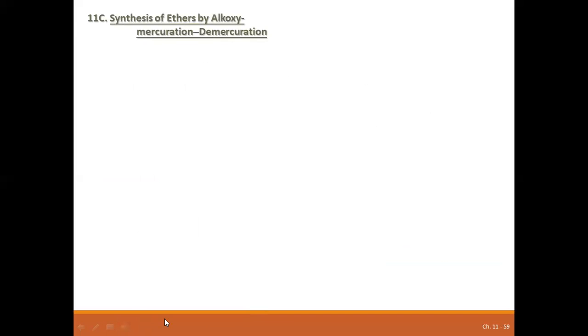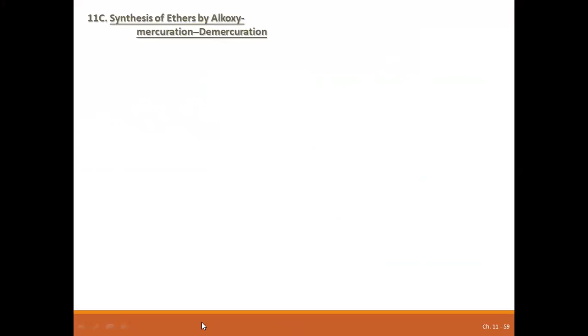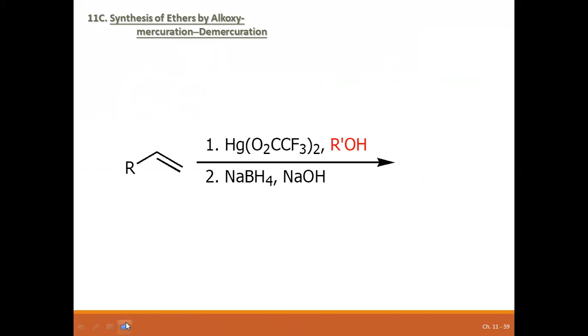Another method is the oxymercuration-demercuration process. So what we have here, the same way that we prepare alcohol with oxymercuration-demercuration, it's the same manner that we prepare ether.